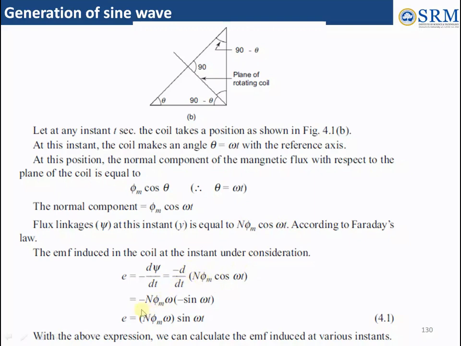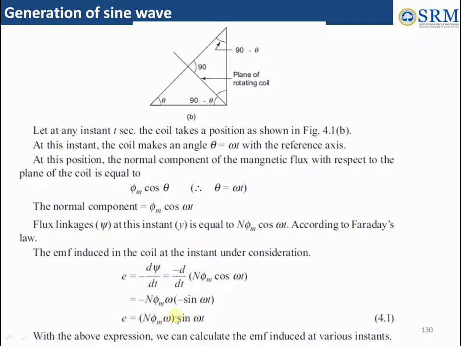If we take the differential, minus n phi m, the differentiation of cos omega t is minus sine omega t into omega. So the term turns out to be positive: E equals n phi m omega sine omega t.